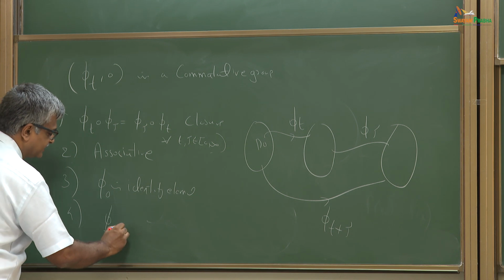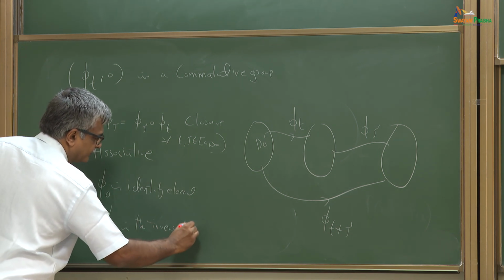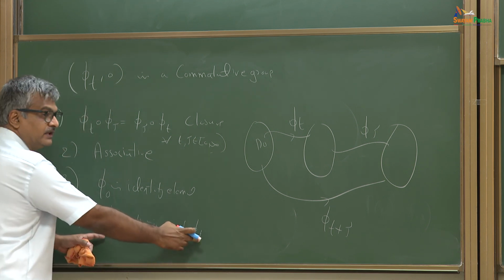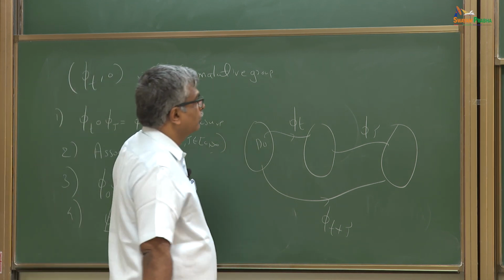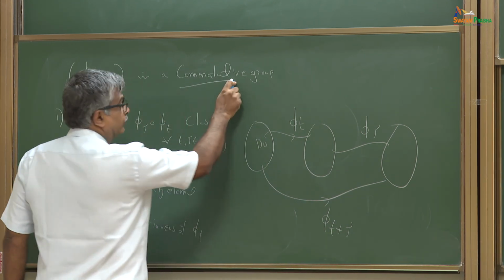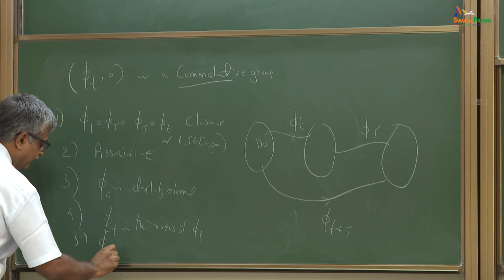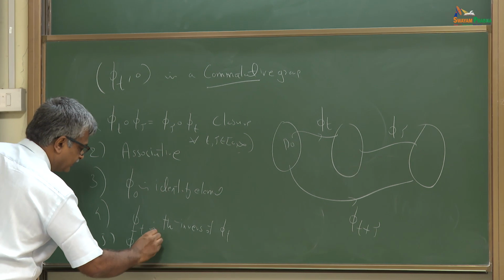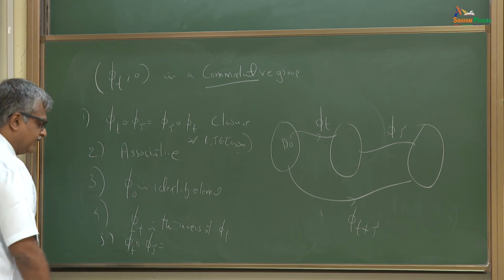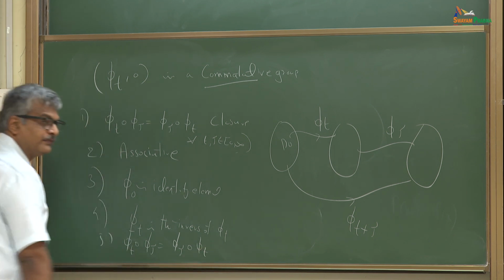Phi minus t is the inverse of phi t, because if you apply it, you get the identity map. And now the most interesting property is the commutative. Okay, so the fifth property is phi of t composed with phi of tau is same as phi of tau composed with phi of t.